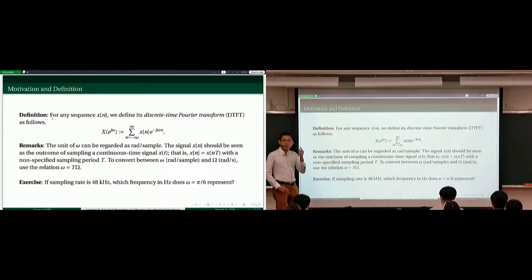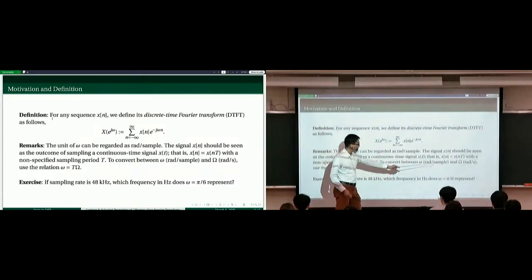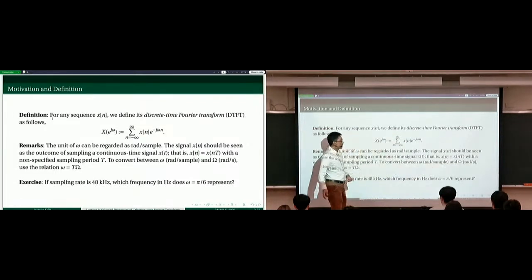If you move in the time domain by one sample, how much phase change is there? That's the meaning of small omega. Whereas big omega has a unit of radian per second, which equals 2 pi times the frequency in hertz.